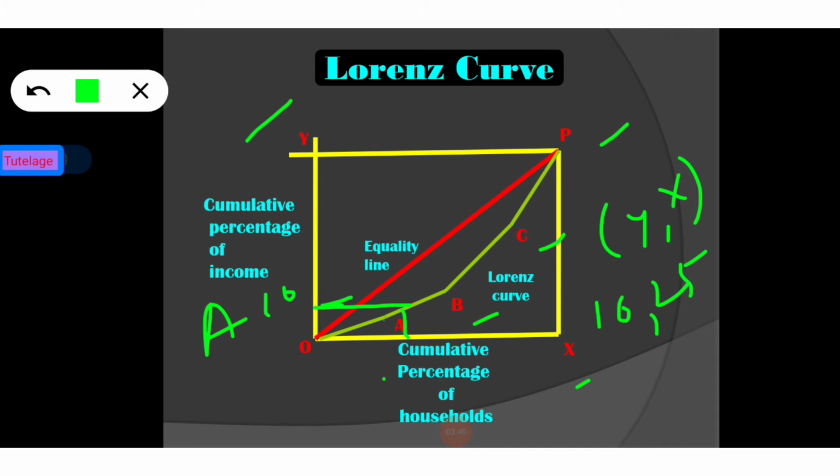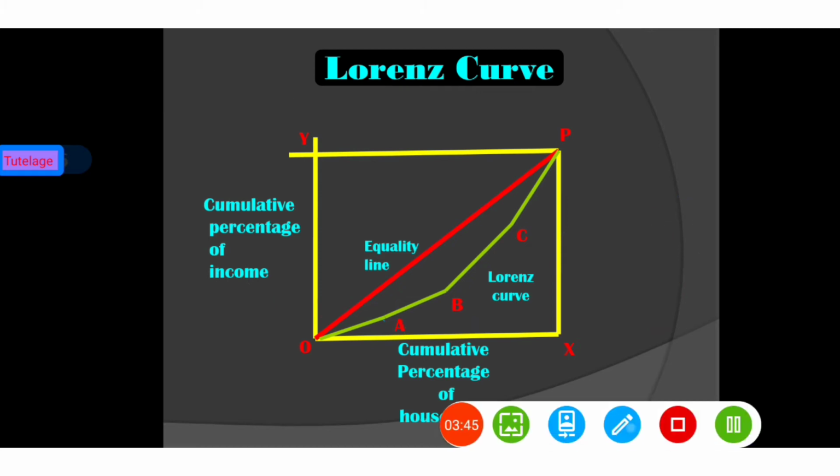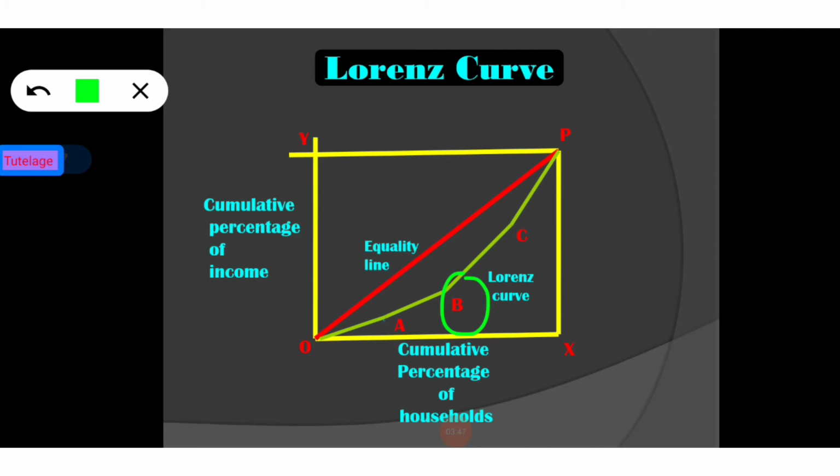Okay, so now move on to the next point, that is B. Clear? The point is y comma x. The value of y for point B is 25, and the value of x is 50.